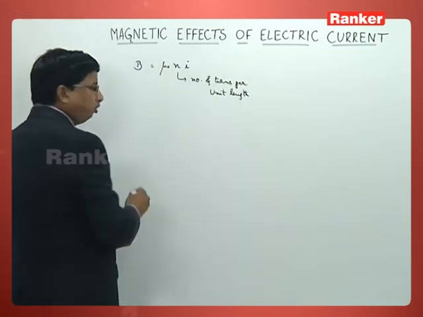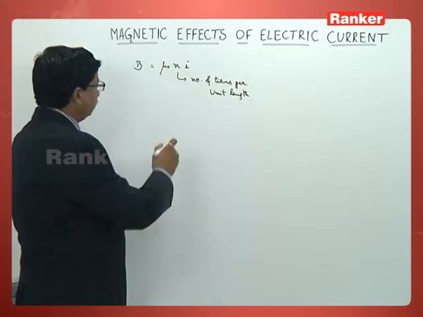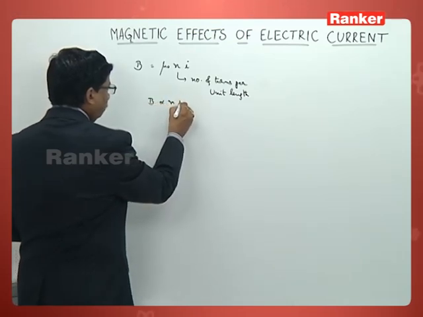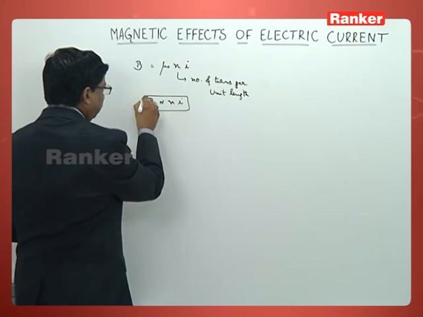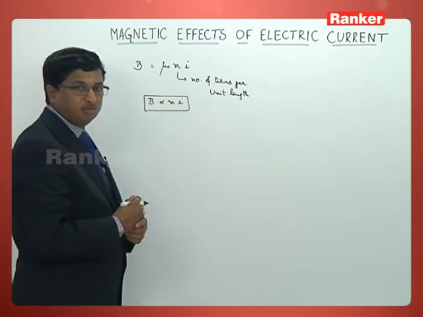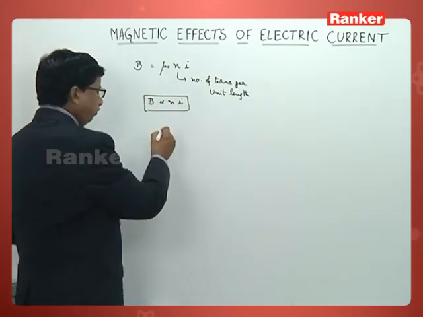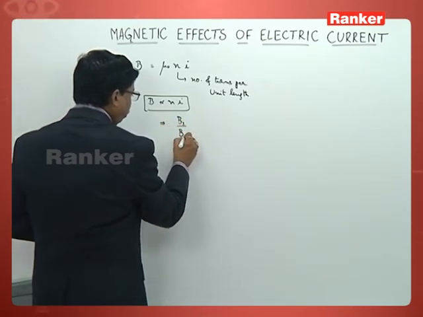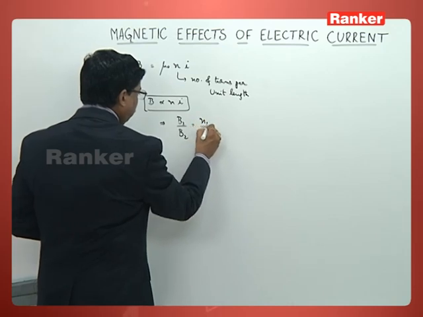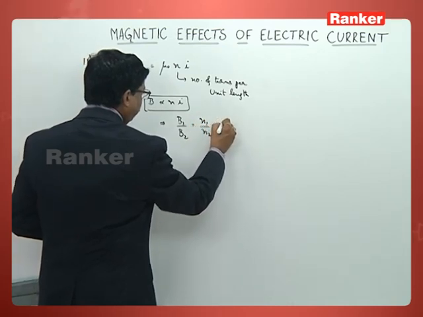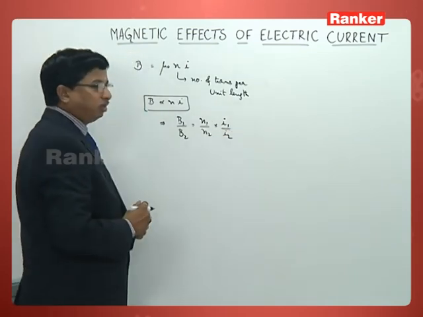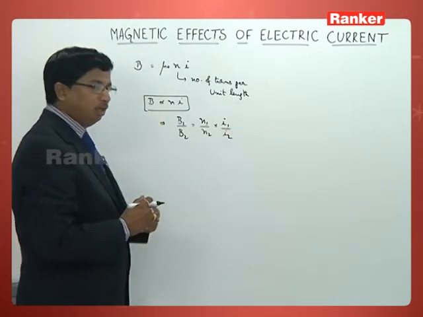Since mu naught is constant here, you can directly write that B is proportional to N into I. That is the ultimate equation we have to remember. So I can directly write B1 over B2 is equal to N1 over N2 into I1 over I2.